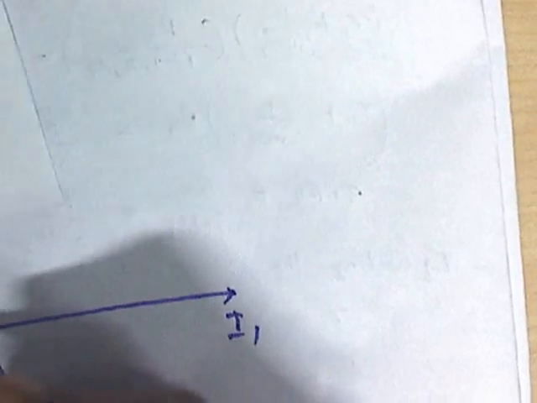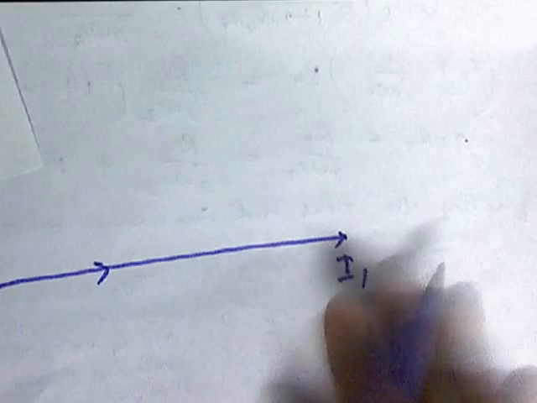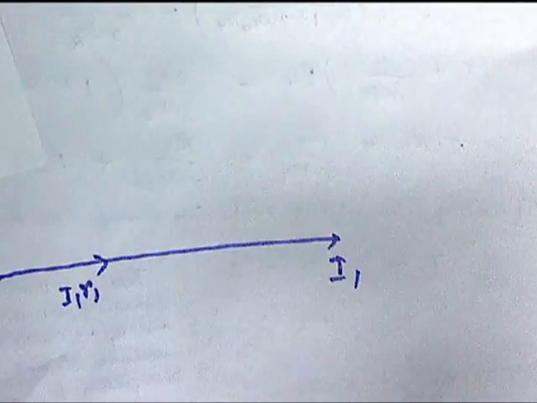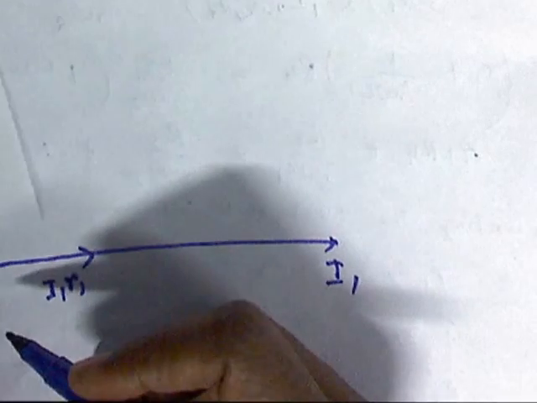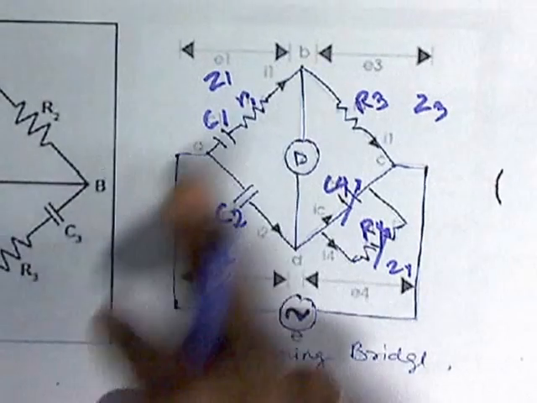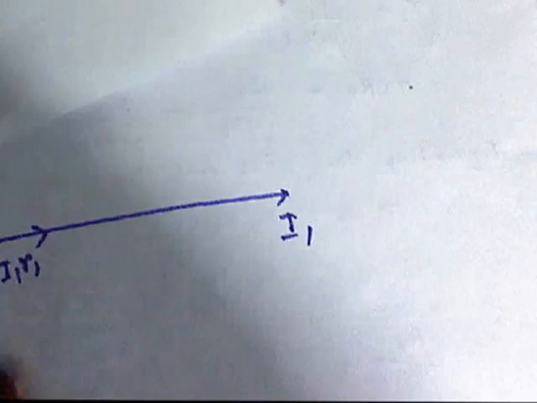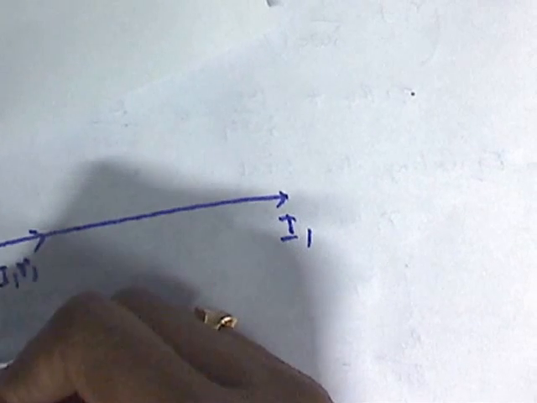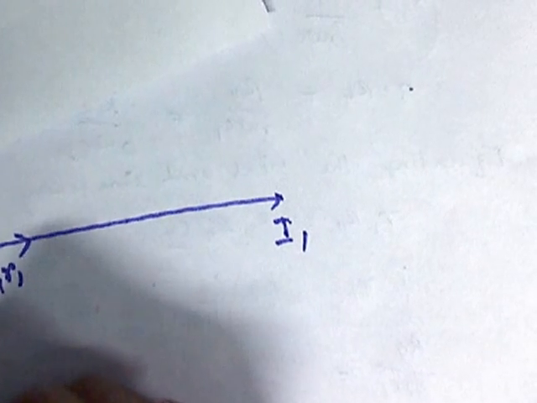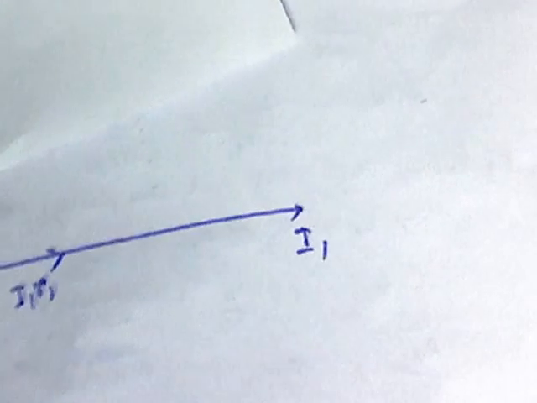Now the drop due to C1 will lag I1, by I1 by omega C1.